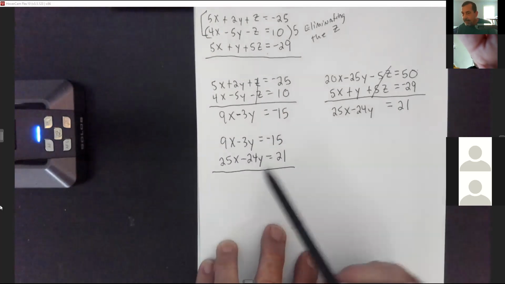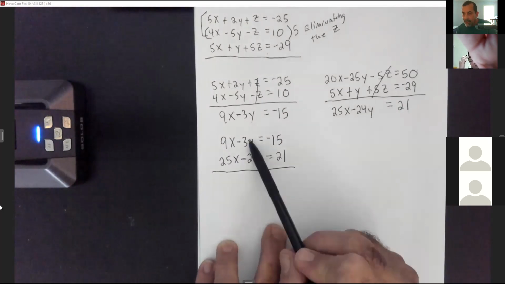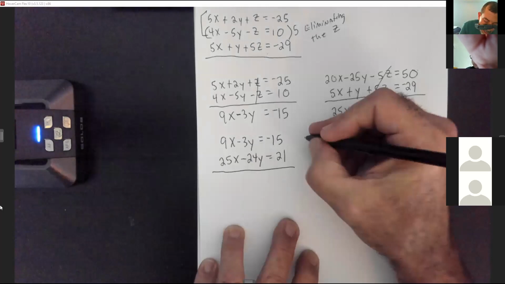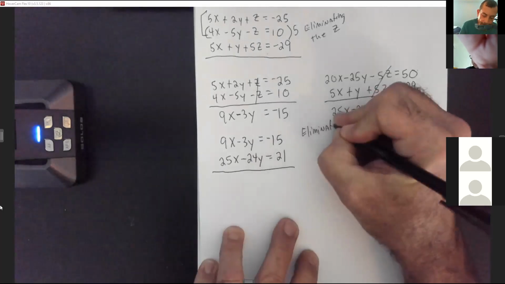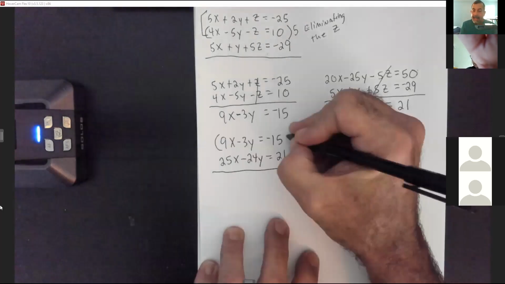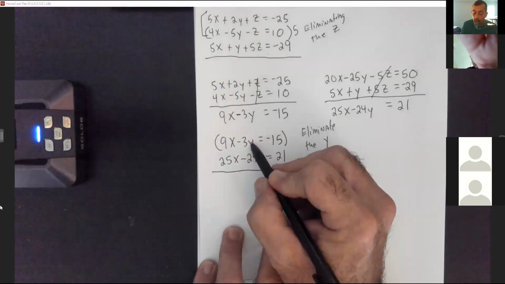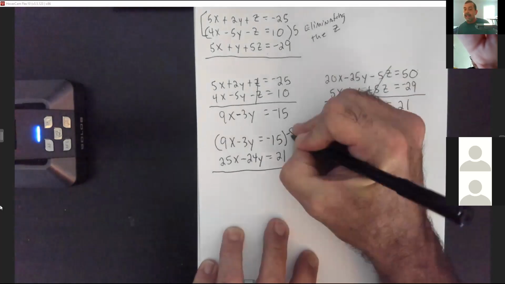I've got a negative 24 here. I need to make this a positive 24 on that y. So what I'm going to do is eliminate the y. Since I need to make that equal a positive 24y, I'm going to multiply that whole row by a negative 8.